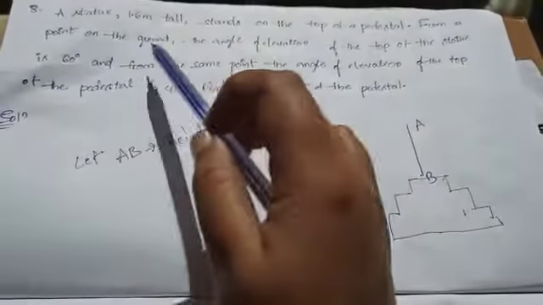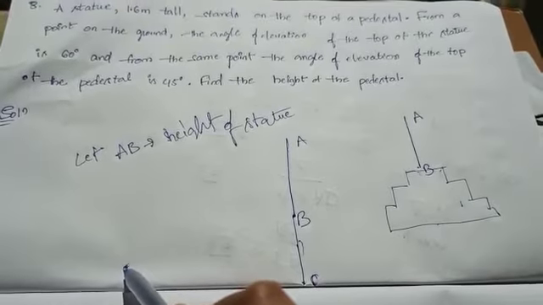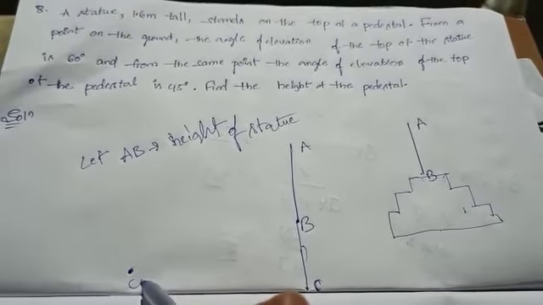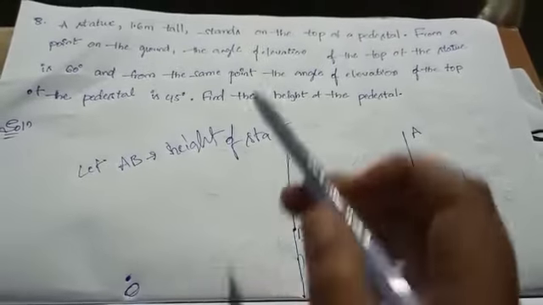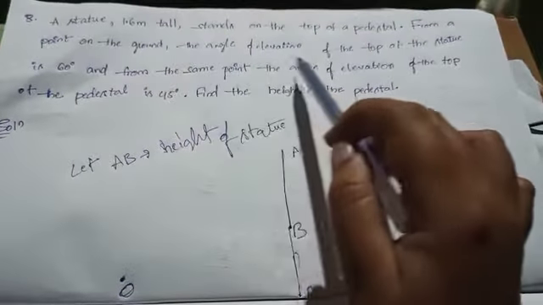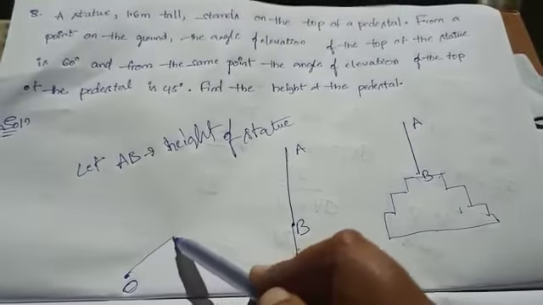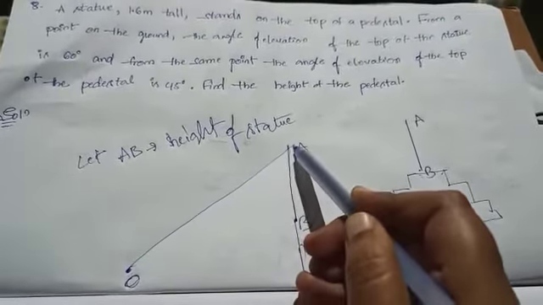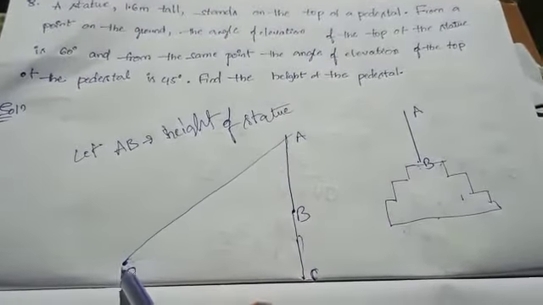From a point on the ground. Somewhere there is a point on the ground, O. Okay, O is the point on the ground. The angle of elevation of the top of the statue is 60 degrees. It makes an angle with the top of the statue of 60 degrees. Draw a horizontal.